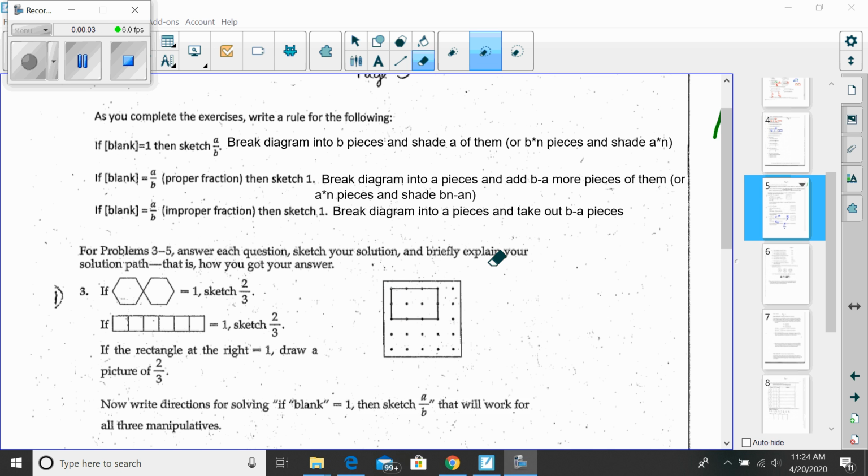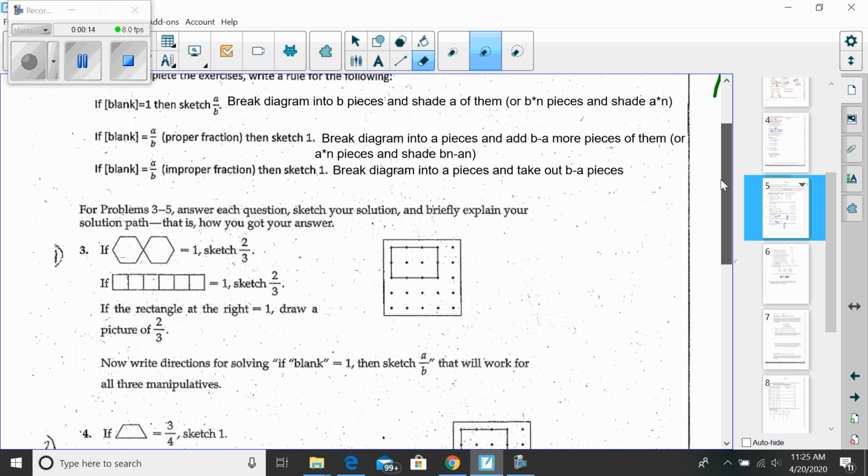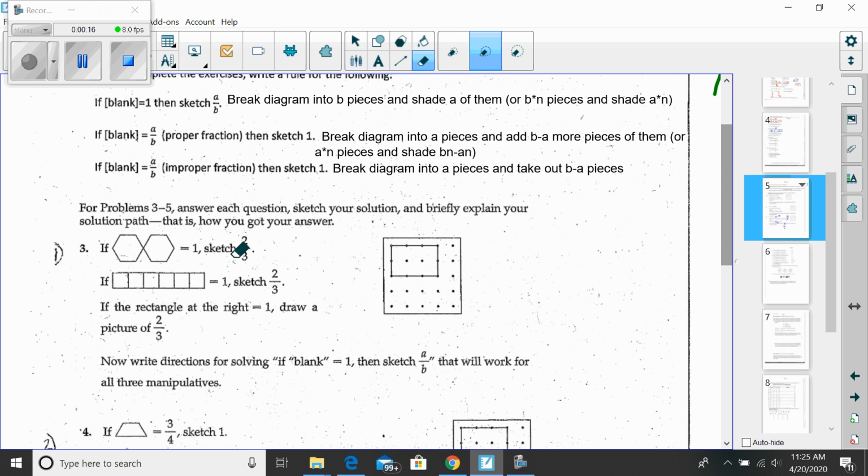So here are the rules that I hope you stumbled upon and hope that you were able to generalize. If you're told the drawing is a whole, what you have to do is divide the diagram up into that number of pieces, into 3 pieces.